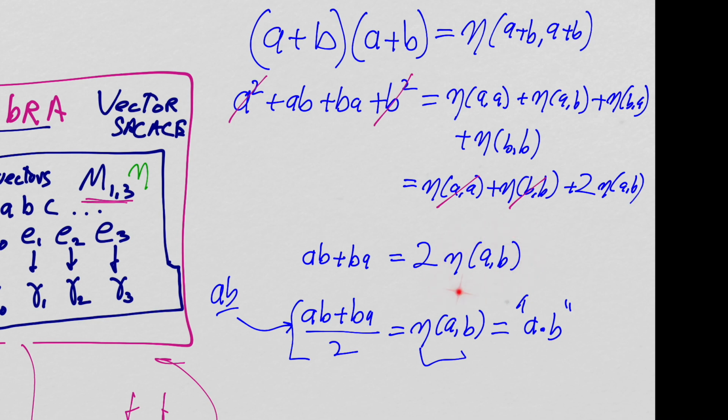That's true in every single reference frame, because eta AB in reference frame 1 is equal to eta A prime B prime in reference frame 2, as long as you do the transformation correctly, right? So we can write this. This is in full generality.